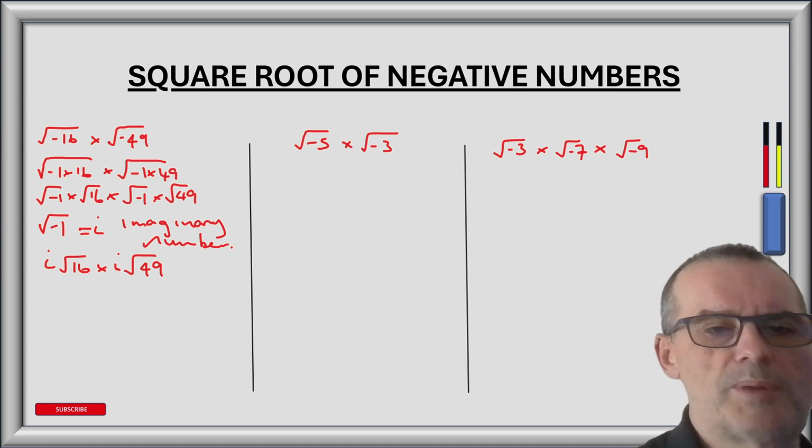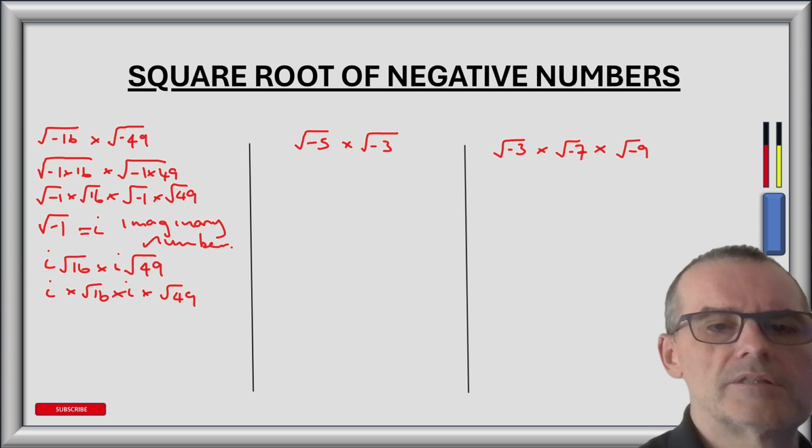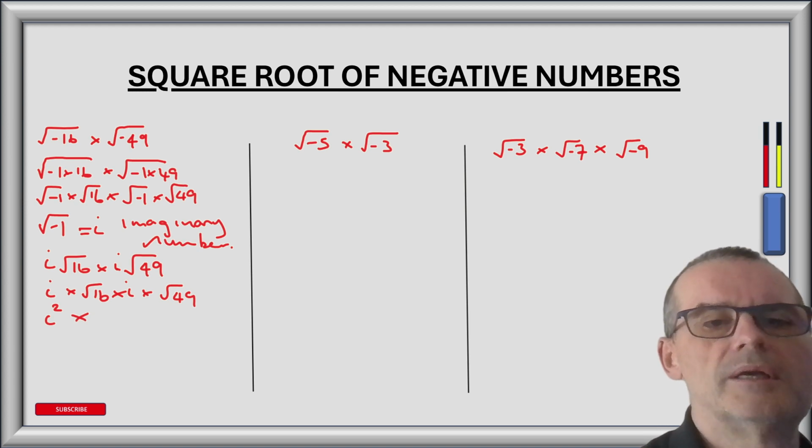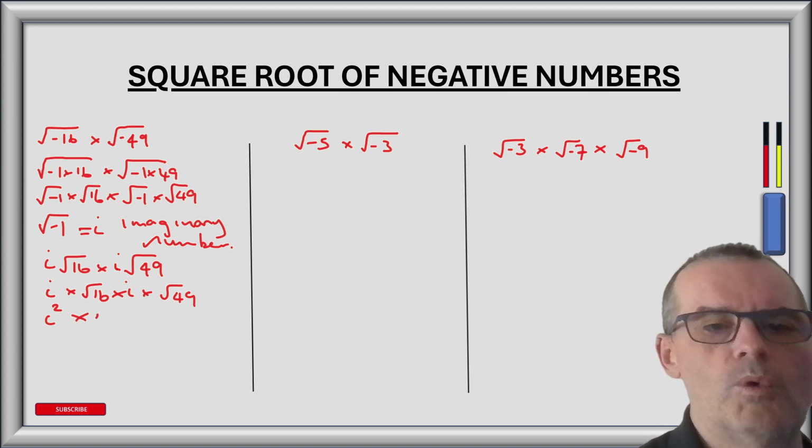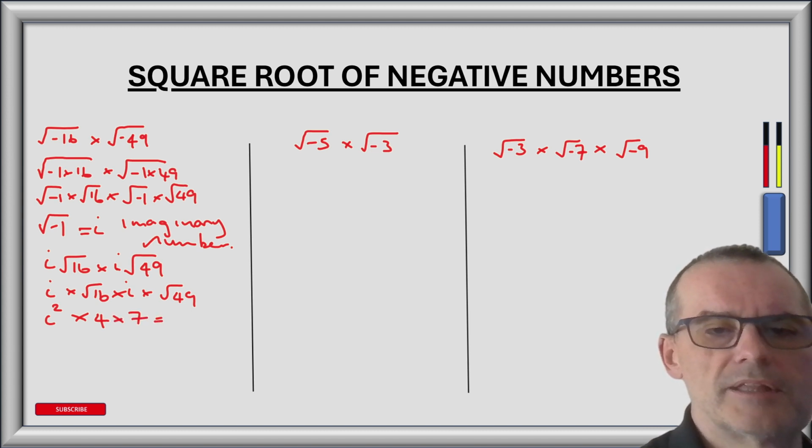So let's write it out as i times root 16 times i times root 49. So i times i in this is i squared. So we have i squared multiplied by, now the root of 16 is 4, and the root of 49 is 7. So that is i squared multiplied by 28.